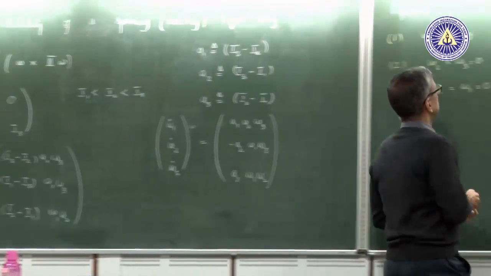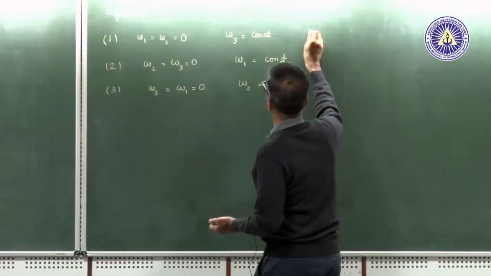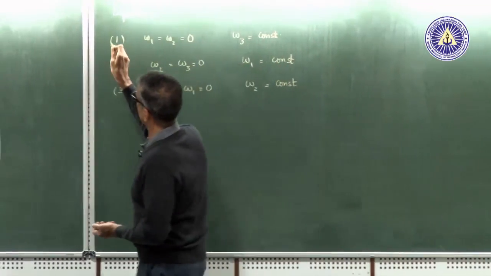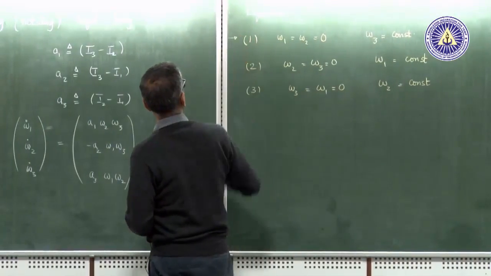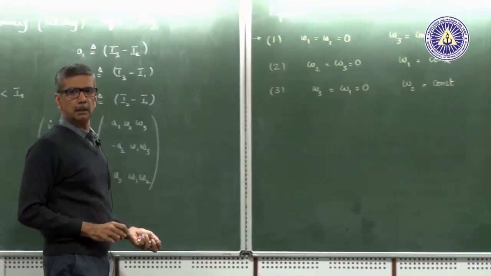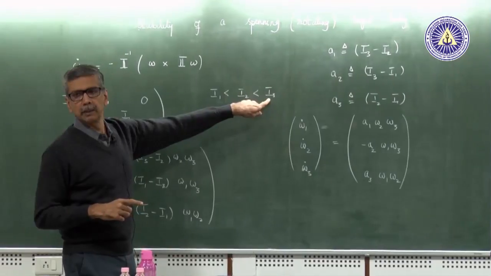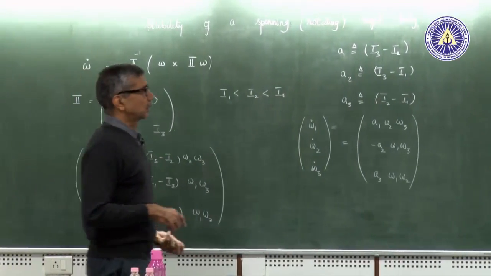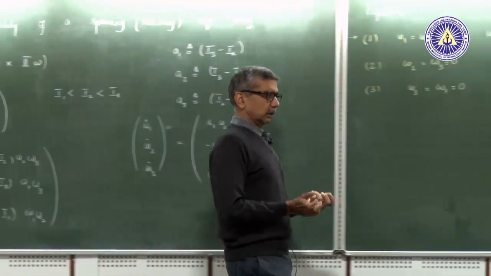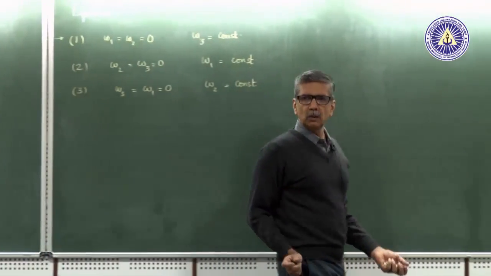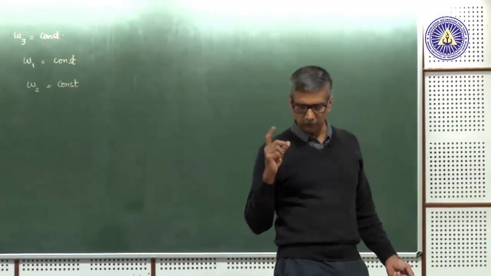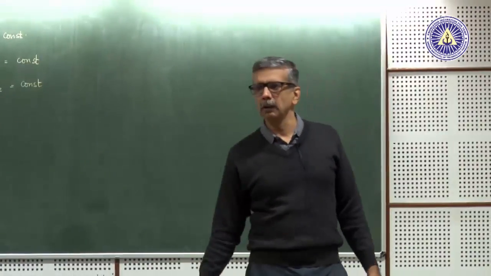So let's look at this first one. What does this first one mean? It's spinning about the smallest, the largest axis. Omega 3 is not equal to 0. So how would I find out if that equilibrium is stable or not?